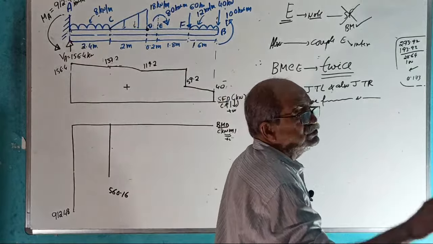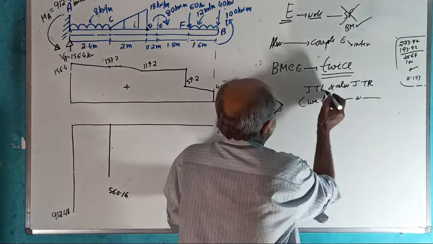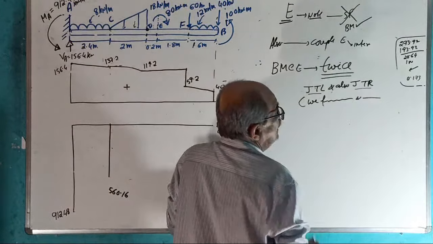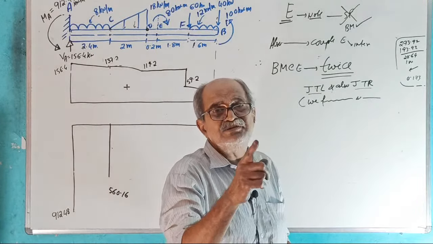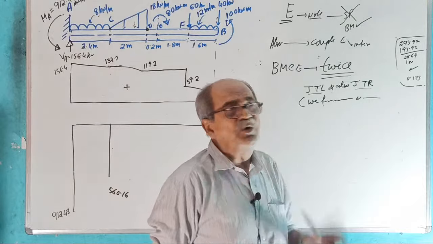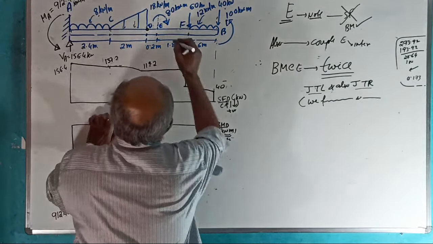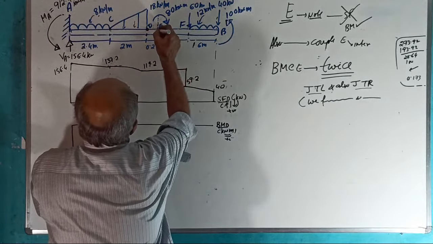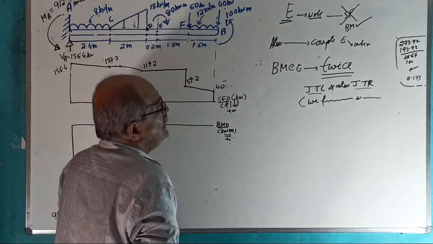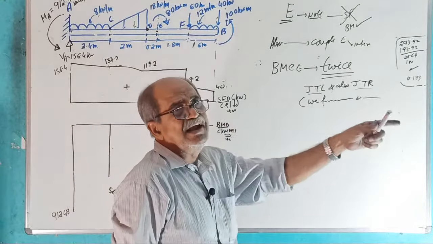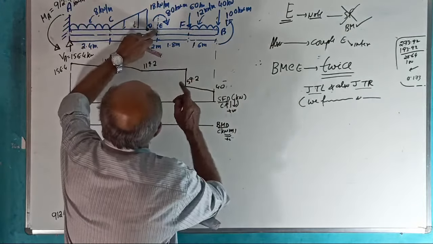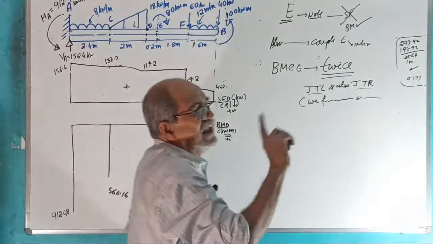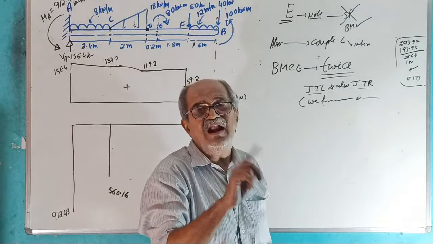Now also write which one, JTL or JTR, first, which one next, depends on which side you are looking. Tell me, at the point E, for BM calculation, is it better to look right side or left side? Decide first. Looking right side or left side has nothing to do with JTL, JTR.